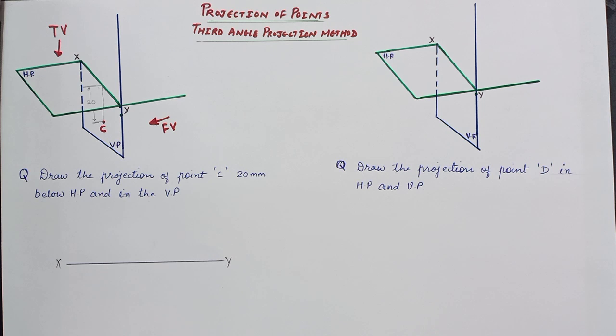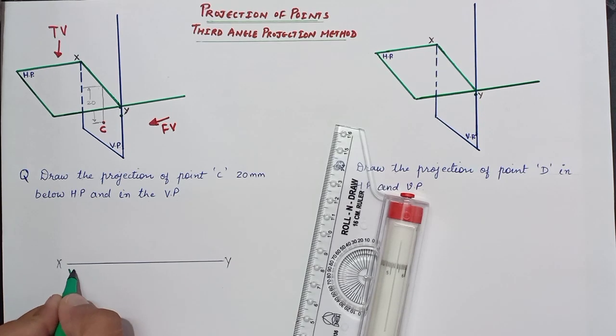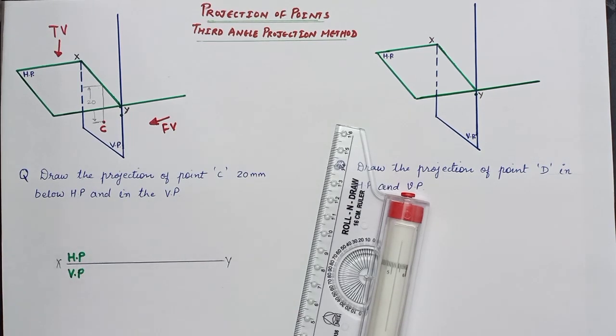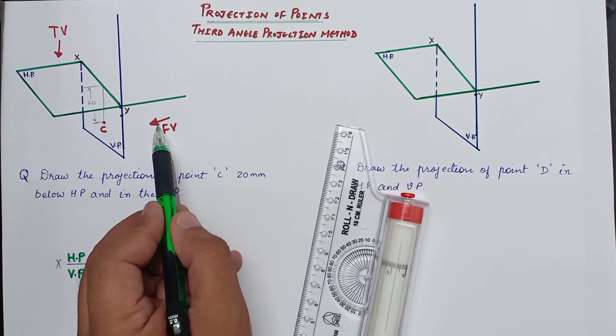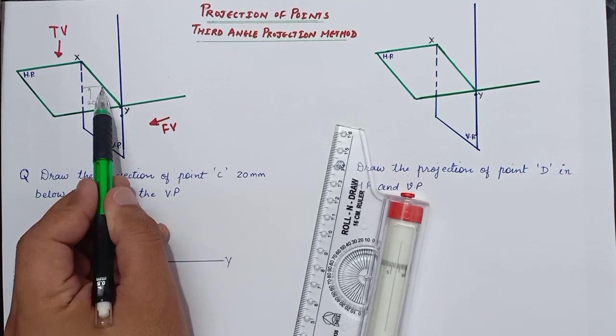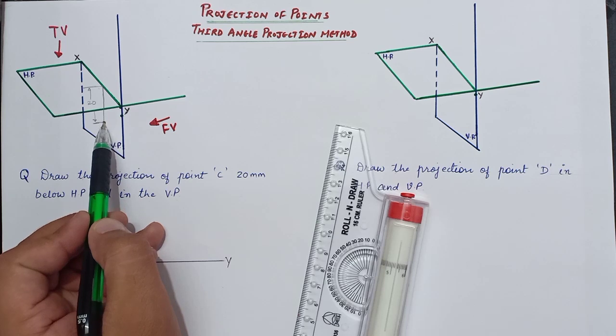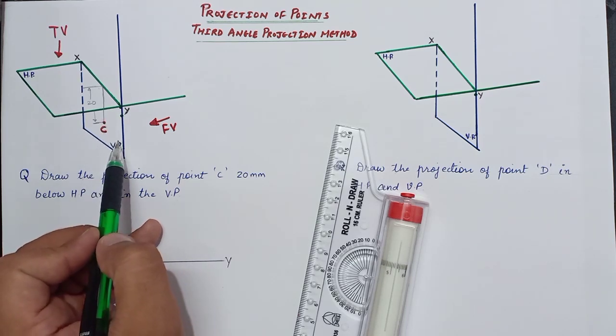Now projecting this point in orthographic view, we know that vertical plane is below XY line in third angle projection method. We have HP here. Looking from the front view, this principal plane is transparent, so we can see that measuring from reference line, if we move 20 mm below HP, we get a point C, that is front view.